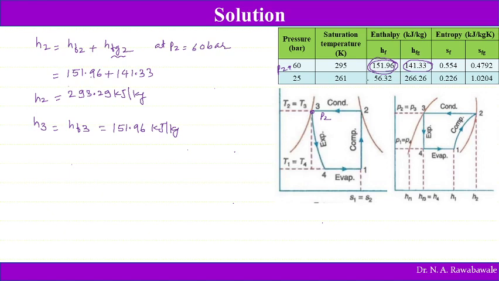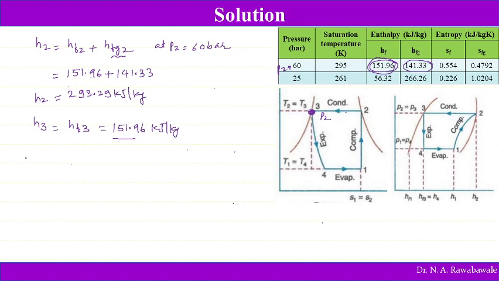As this is a saturated liquid at point 3, it doesn't add any latent heat, so latent heat becomes 0. That is HF3 plus HFG3, and HFG3 at this point becomes 0. If it is in between, then that HFG will add. Here it is a saturated liquid, therefore HFG is going to become 0. So now we know H1, H2, H3, and H4.